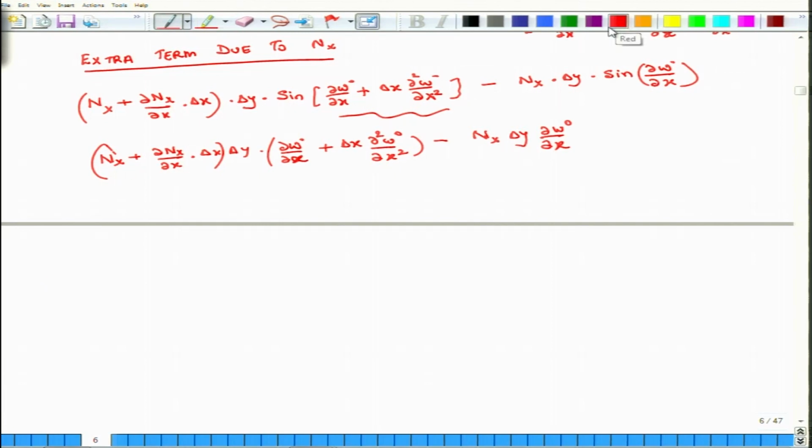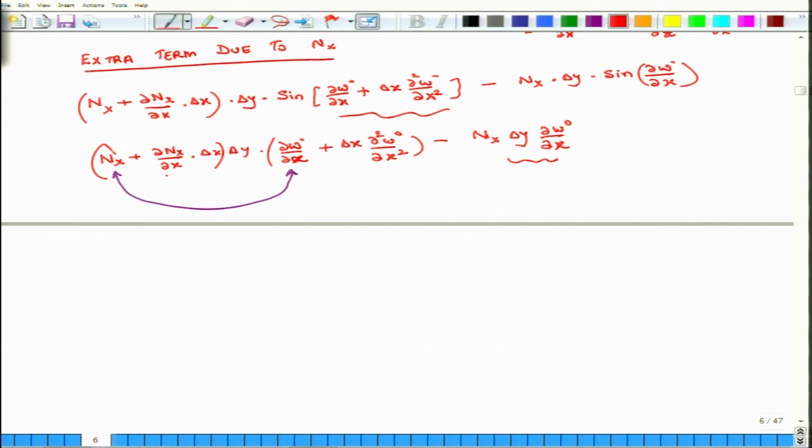The contribution from nx, so this term cancels out when this gets multiplied by this term. So the terms which I am left with are 3 terms. So what are those 3 terms?